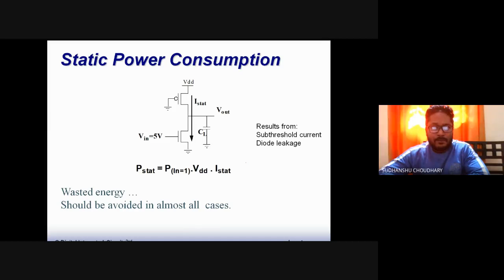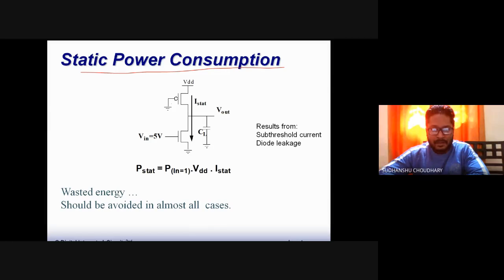Then apart from dynamic power consumption, there could be static power consumption also. That is static when there are no switching events happening in the circuit. So during that time, we say that the circuit is in static state, that is no switching event. So in that case also there could be power dissipation.